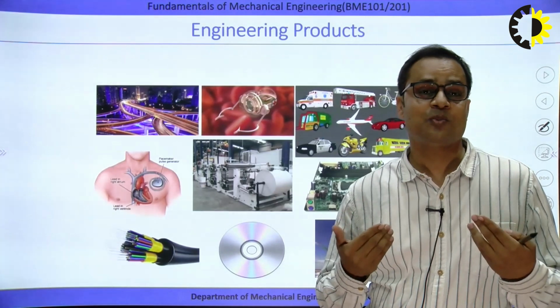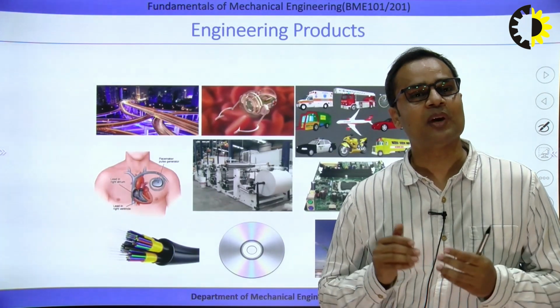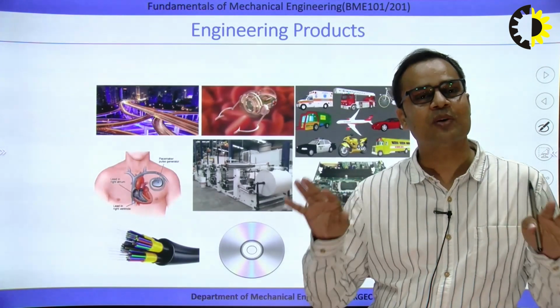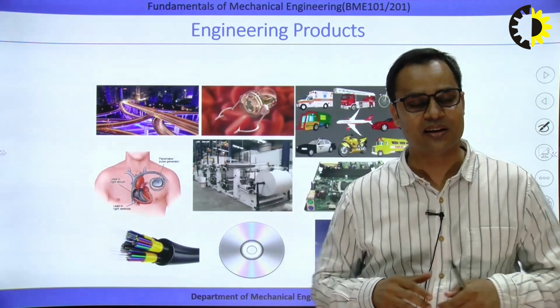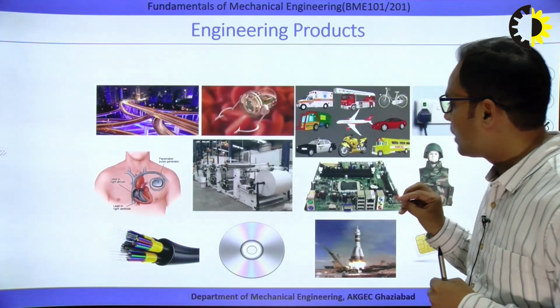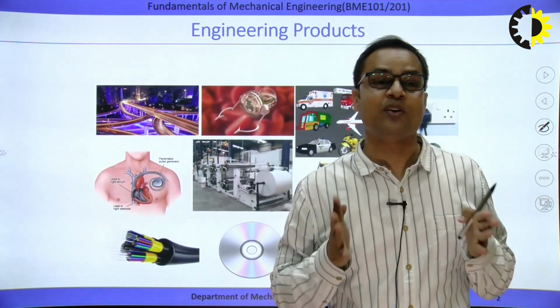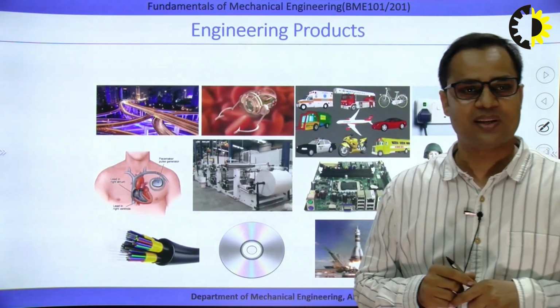To design these products, different skills are required, and these products serve different purposes. The main important parameter we can observe here is that these products are made of different materials, right?